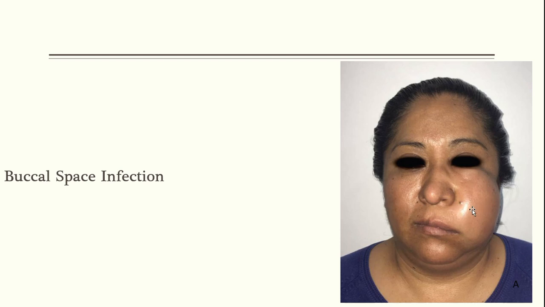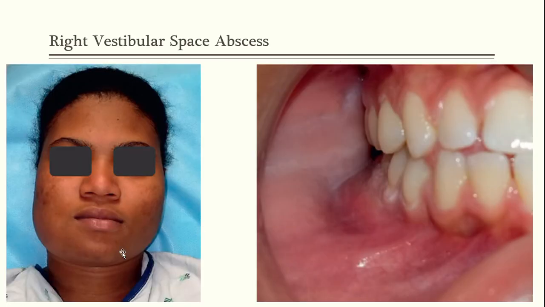Why would I say it's due to an upper tooth? Because it's closer towards the eye. So it might be the upper 4 or the 5. Now this can be considered a buccal space infection as well, because here there's a slight swelling.